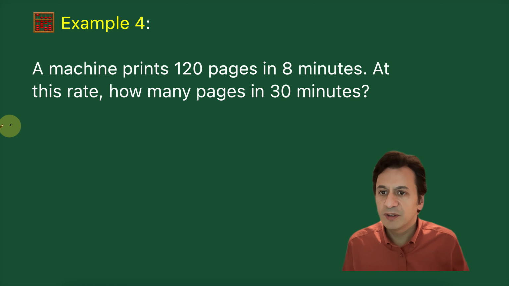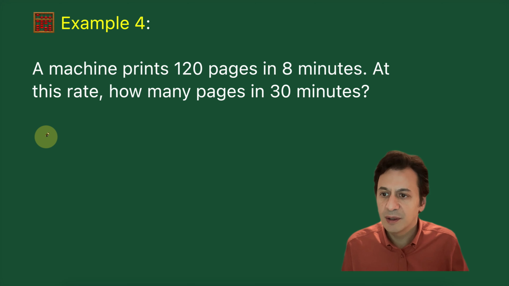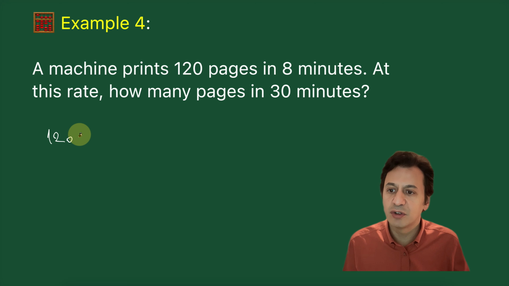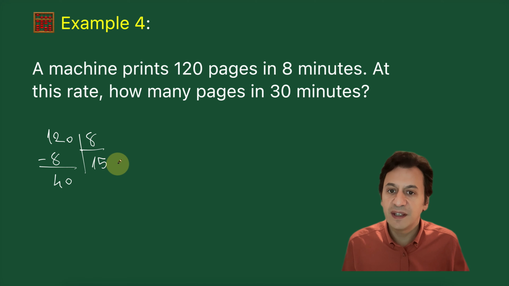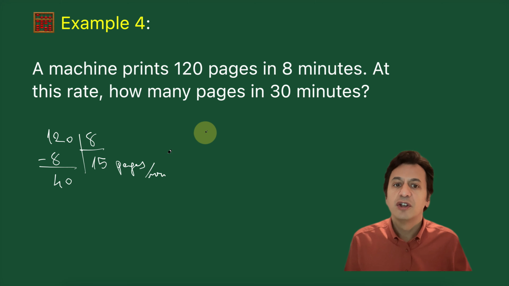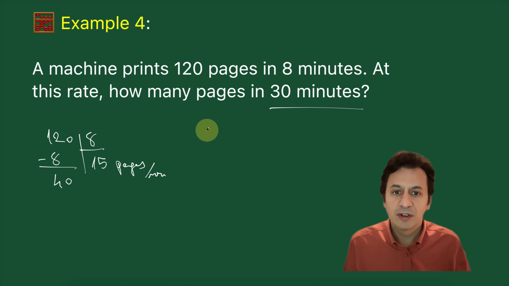Okay, with this one, I can find how many pages it prints in 1 minute by dividing 120 by 8. So it's 15 pages in a minute. So in 30 minutes, I just need to multiply this with 30.